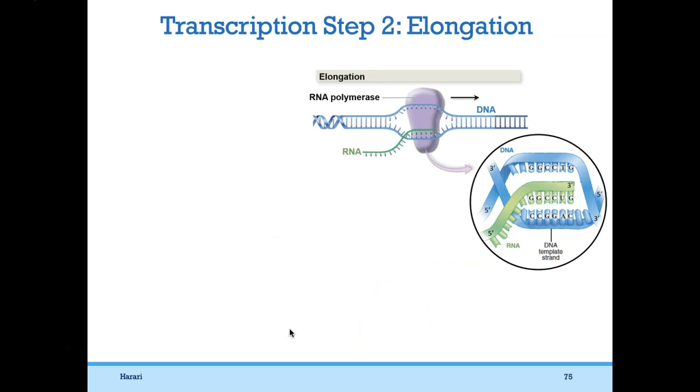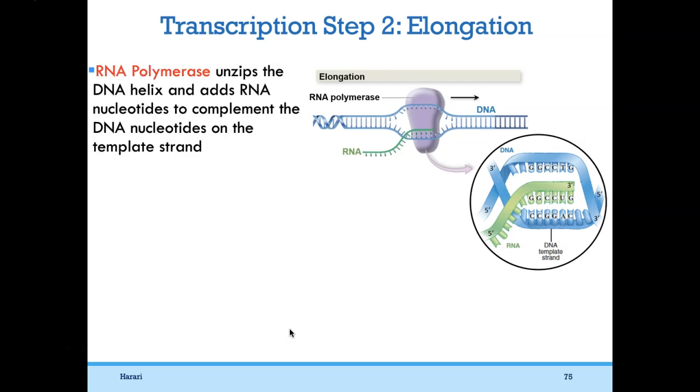RNA polymerase has the ability to open up the DNA double helix on its own. So it unzips the DNA helix, and it begins to add RNA nucleotides to complement the DNA nucleotides on the template strand. So if the DNA had a C, the RNA polymerase would put a G. If there was an A, you would think, oh, A goes with T. But remember, there's no such thing as T in RNA.